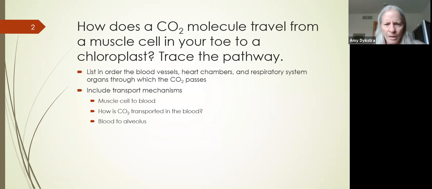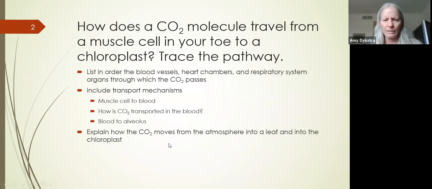And diffusion from cell to blood, etc. And then once the CO2 gets into the air, it has to go through the stoma to get into the leaf, and then it diffuses from the airspace in the leaf into the mesophyll cell and into a chloroplast. So hopefully you guys got most of that. I will take a look at your diagrams and try to give you some feedback.